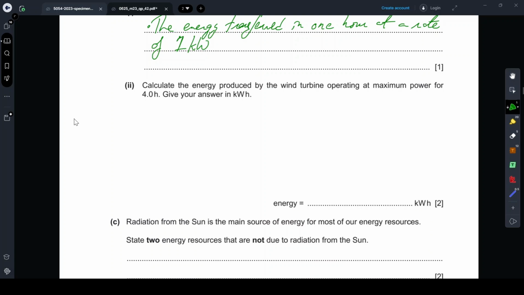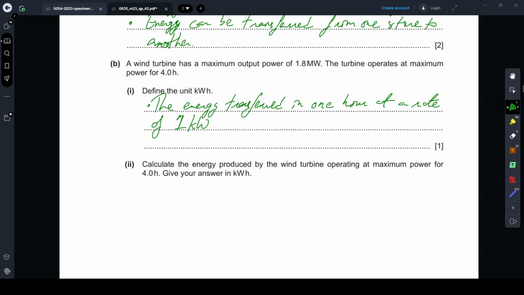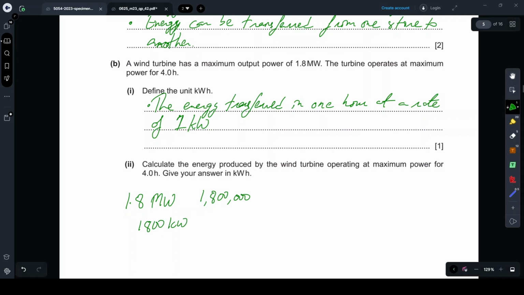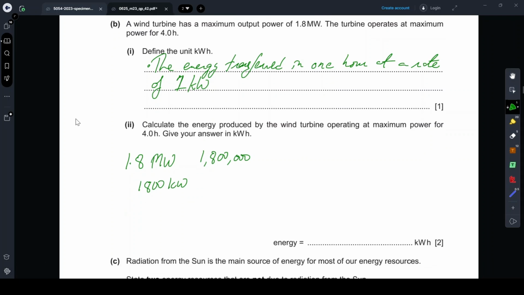The first thing is that it's 1.8 megawatts, which means it is 1800 kilowatts, right? So we have to multiply that with 4.0.